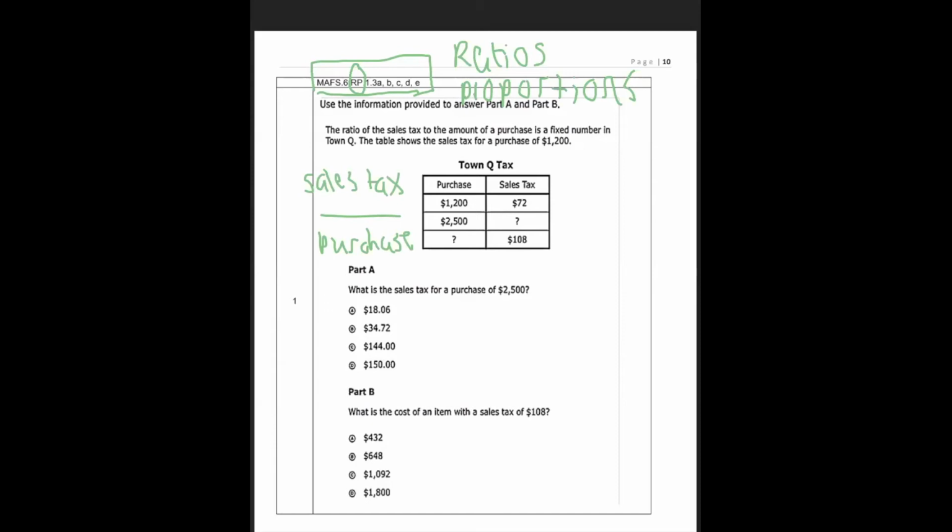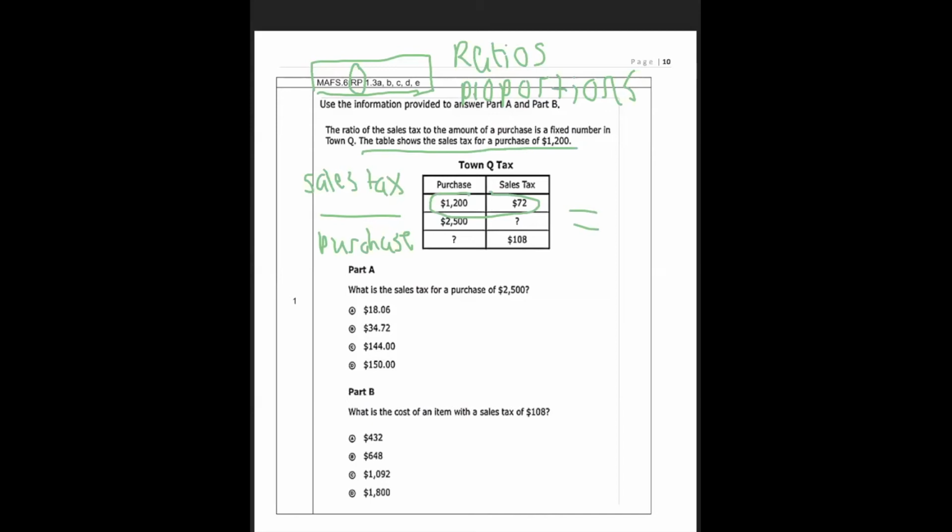It says the ratio of the sales tax to the amount of a purchase is a fixed number in town Q. The table shows the sales tax for a purchase of 1,200. So what I'm going to do now is write the ratio for this one that we do know. Everything else has a question mark, so I can't write the ratio.